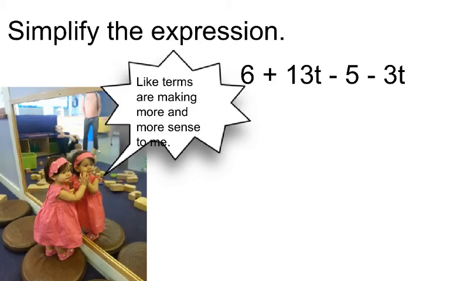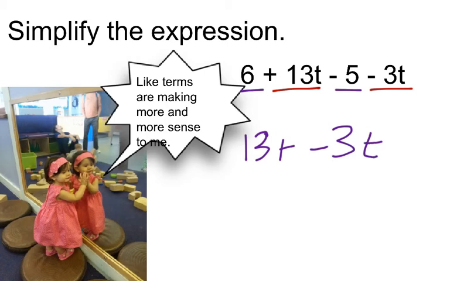Let's look at another expression. We have 6 plus 13t minus 5 minus 3t. Again, I have my like terms in common, and now I'm going to use the commutative property to change the order. So I'm first going to start with my variables. I have 13t minus 3t.